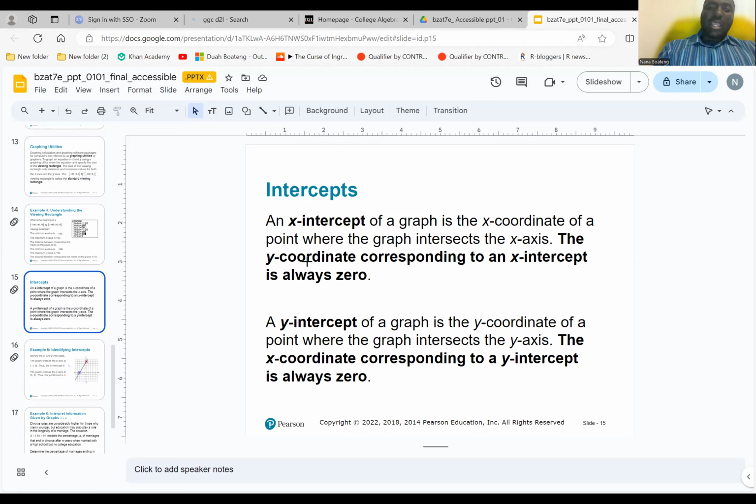And when we talk about the x-intercept, we mean the point where the graph intersects with the x-axis. At the x-intercept, the y value is 0. And at the y-intercept, the x value is also 0. So let me quickly show you what the x-intercept and y-intercept are on the graph.